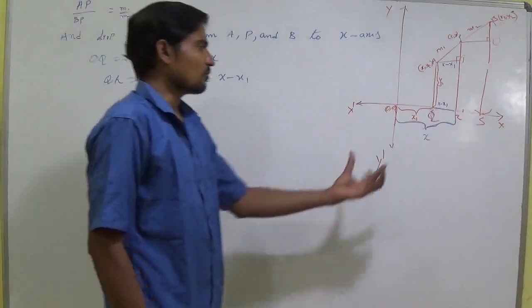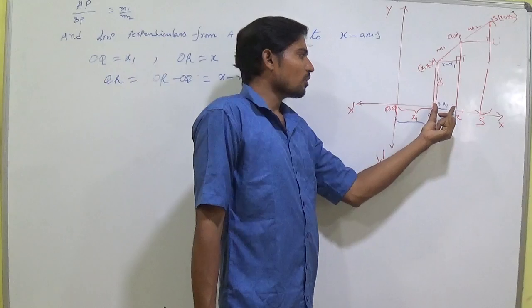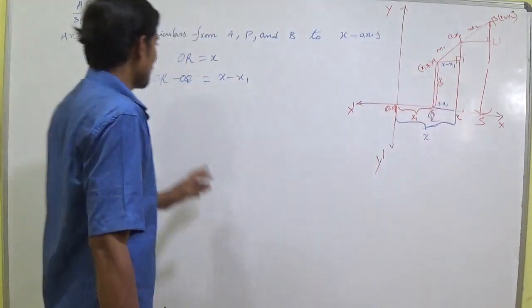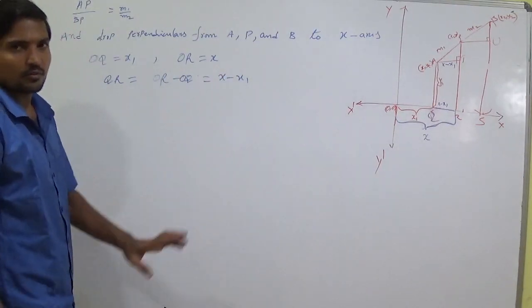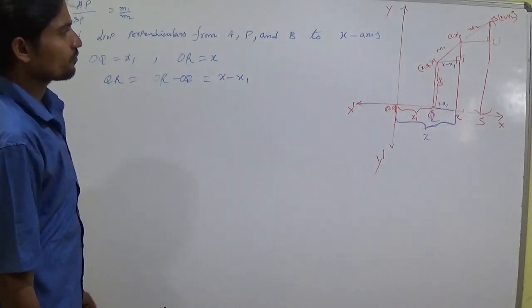Understand? This is OR, I want only QR, so take OR and cut OQ. OR is x, cut means subtract x1, so QR is equal to x minus x1.